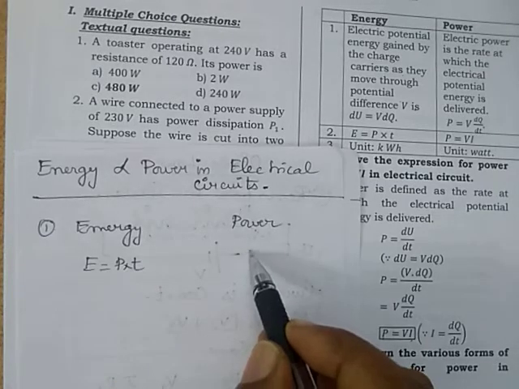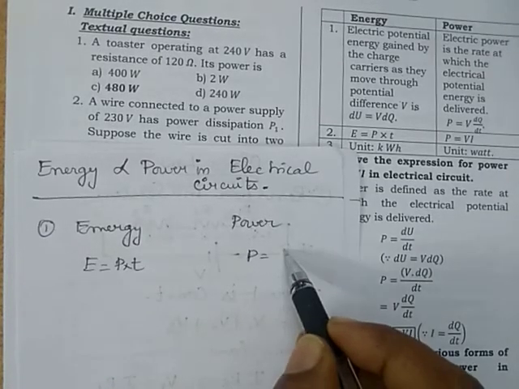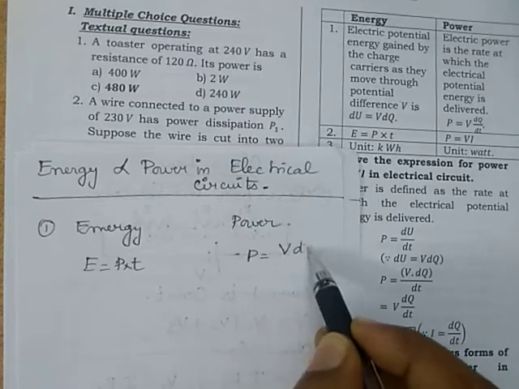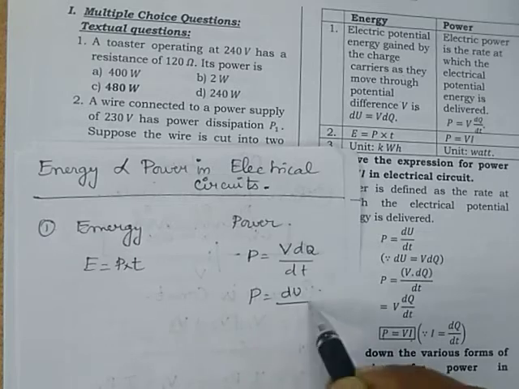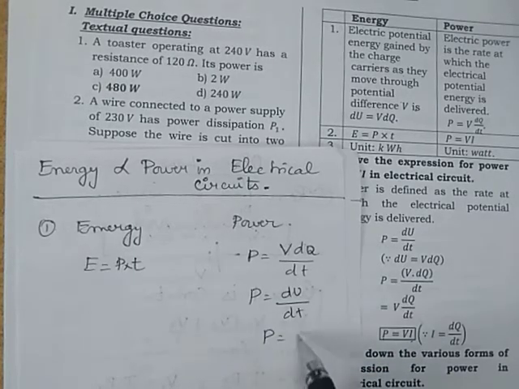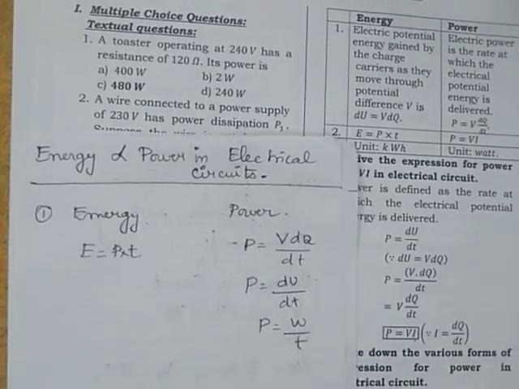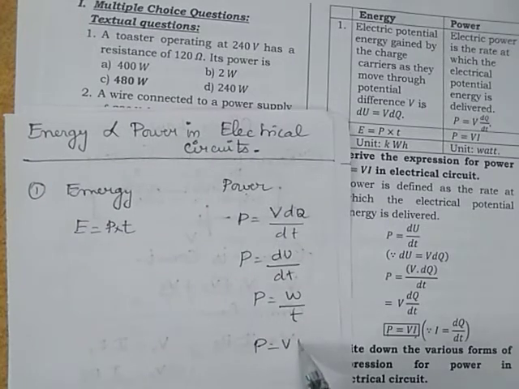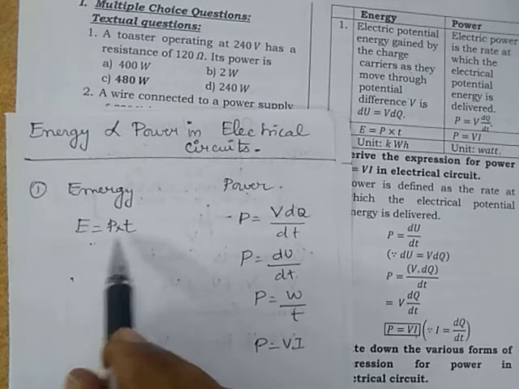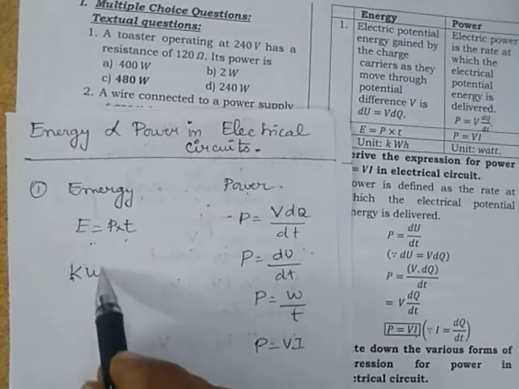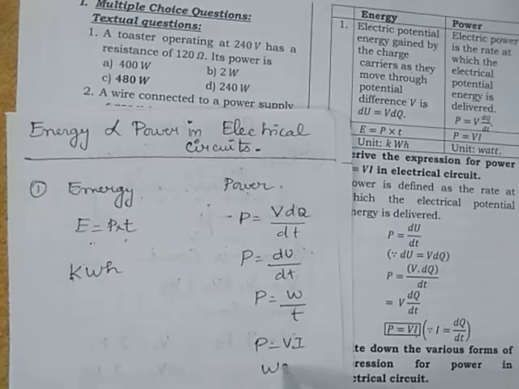And power is the rate of doing work, so P = V dq/dt, or power = dU/dt, or power = work done by time. This can be represented as P = V × I. Energy is power × time, and its unit is kilowatt hour; the unit of power is watt.